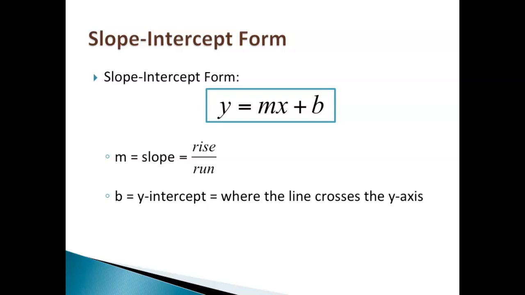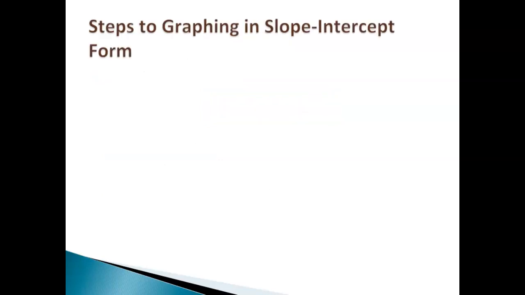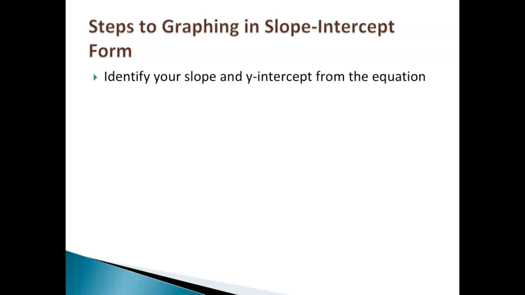Now there are a couple steps to graphing in slope-intercept form. First, you'll want to identify your slope and y-intercept from the equation. If your equation is not in slope-intercept form, then you'll have to put it into slope-intercept form first. Next, you'll plot your y-intercept on the y-axis.